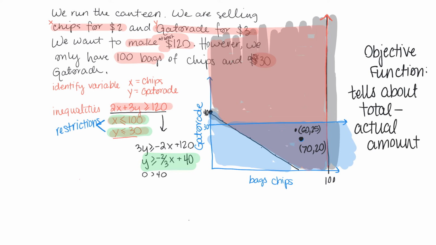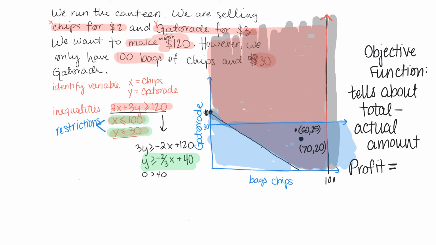So in this case, we're dealing with money. So our objective function is going to equal money or profit, okay? And how do we find our profit? Well, we find our profit with an equal sign because our profit's going to be an actual amount.